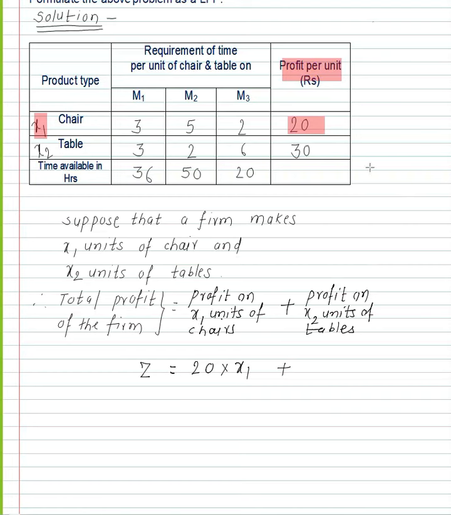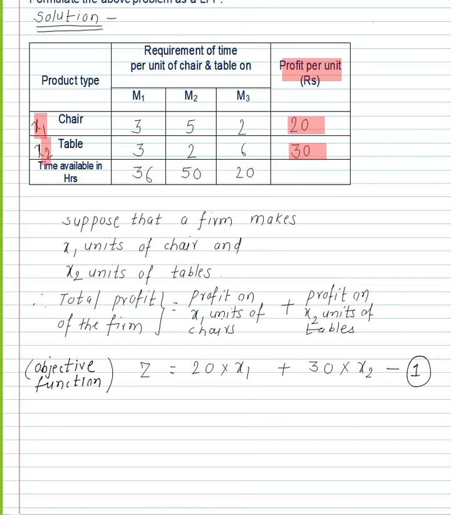Plus profit on 1 unit of table is 30 rupees and a firm is making x2 units of table, so total profit will be 30 into x2. This is called the objective function. Suppose this is equation number 1.